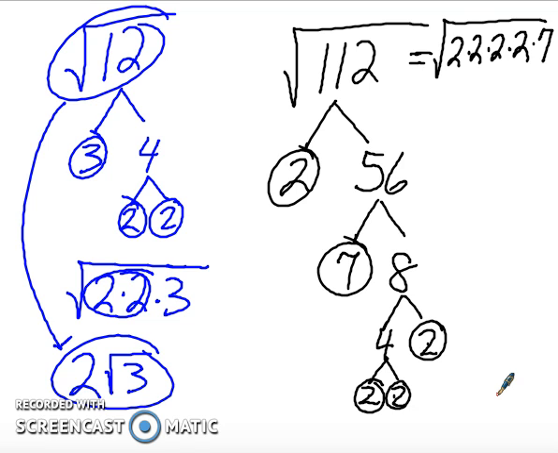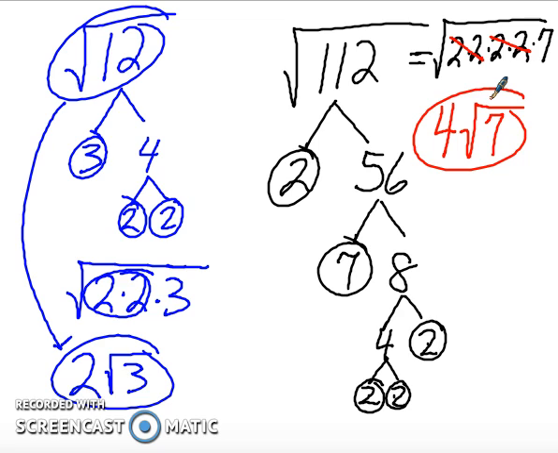Remember, square root, number times itself. There's a 2 times itself. Here's another 2 times itself. So we're pulling out a 2 times a 2 outside. 2 times 2 is 4. What stays inside the radical? 7. So the square root of 112 is equivalent, its simplified version is 4 root 7.